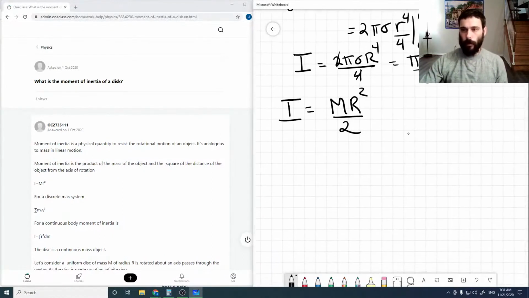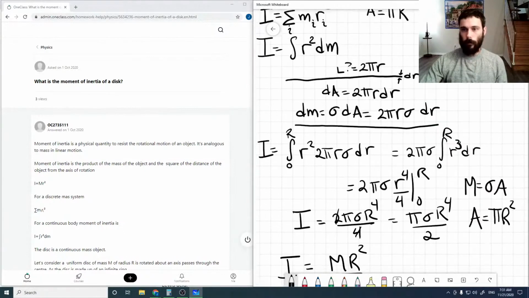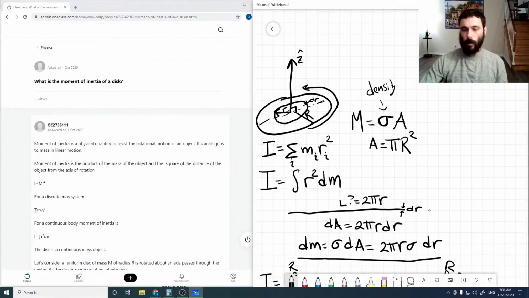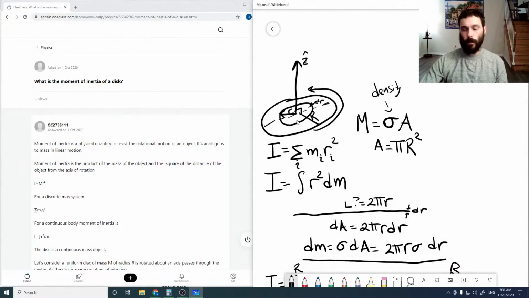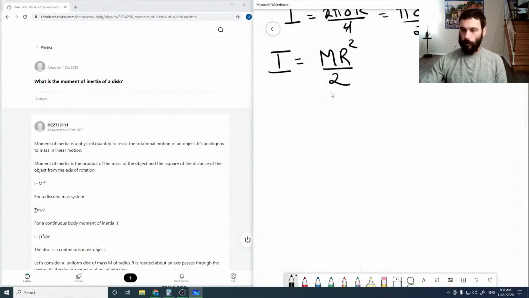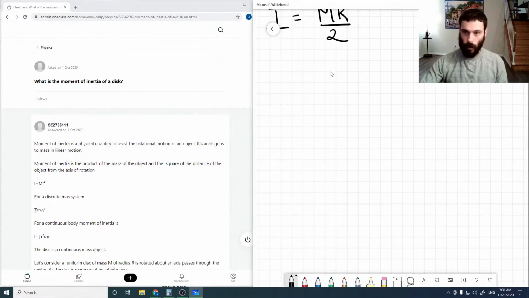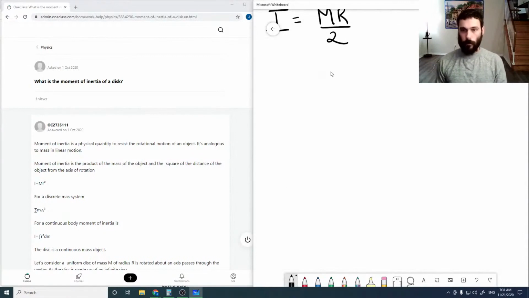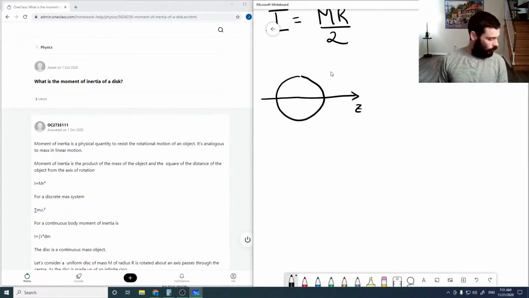Slightly more difficult, and remember this is the moment of inertia for a disk which rotates about a moment which is perpendicular to the disk, so you're spinning the disk. Considerably more difficult would be to compute the moment of the disk along a moment arm that goes this way.